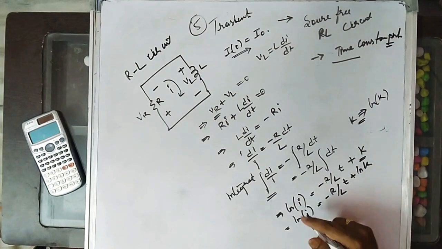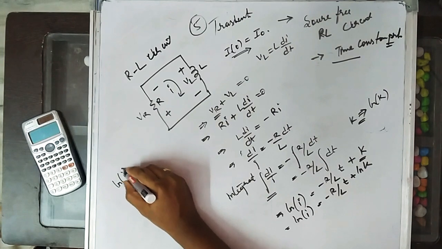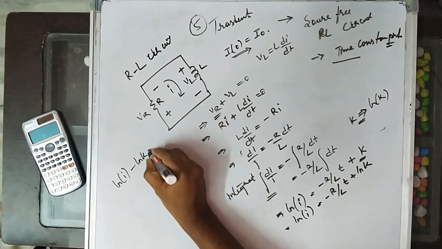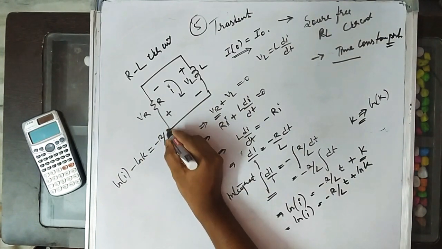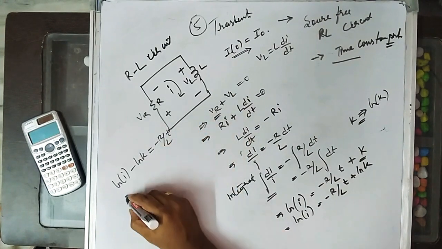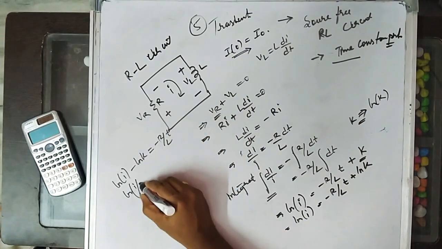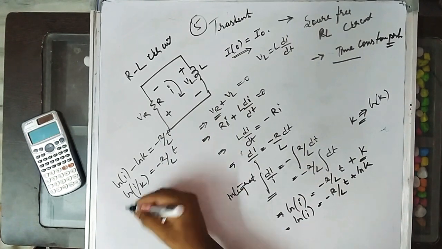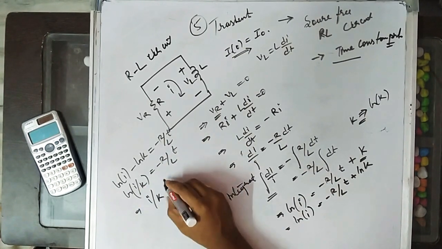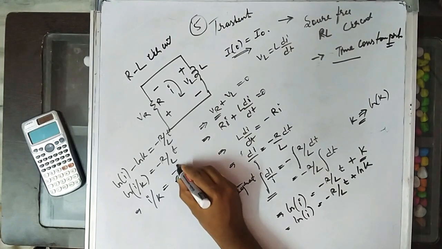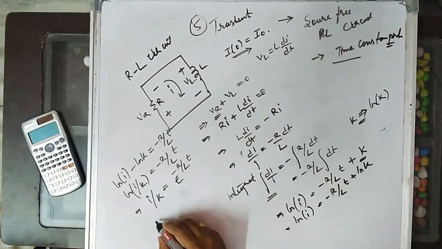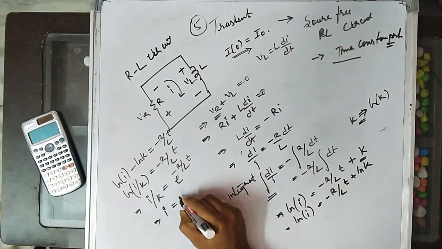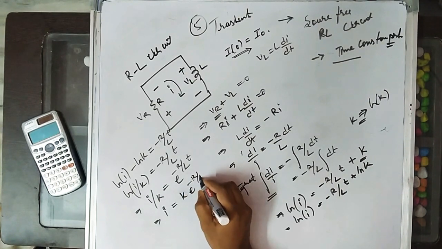Take this ln k to this side, and you get ln I minus ln k equal to minus R by L into t. Rearranging the equation and taking the exponential, you get e power minus R by L into t. So I equals k e power minus R by L into t.